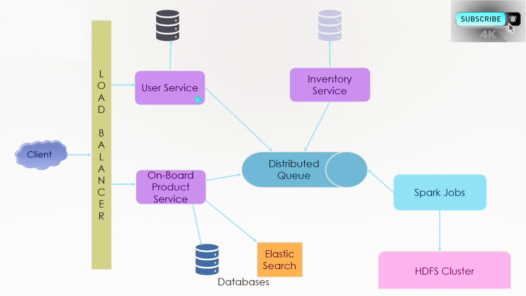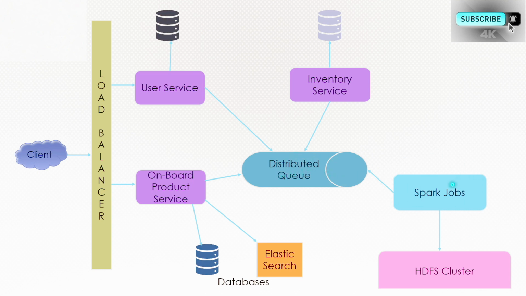So when the user service or the onboarding service onboards some data here, or some user has browsed through some product and added some product to their cart, or added some credit card information, or added some address, all that information will be passed on to this distributed queue, and a Spark job will run on it.